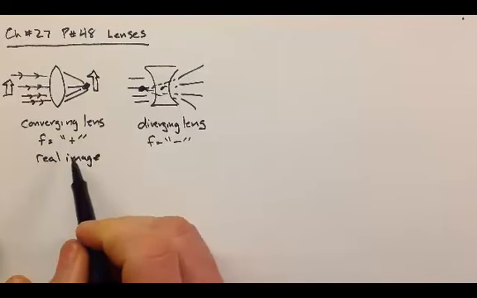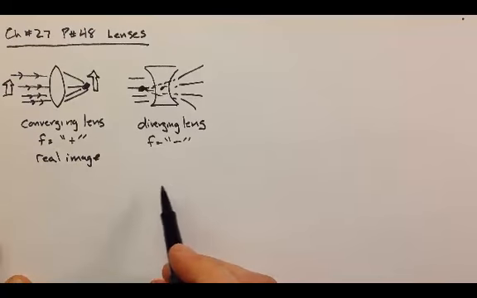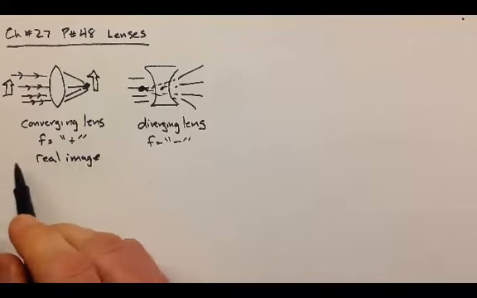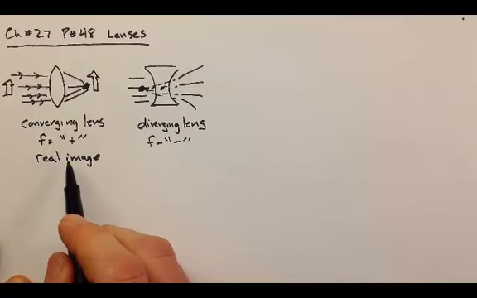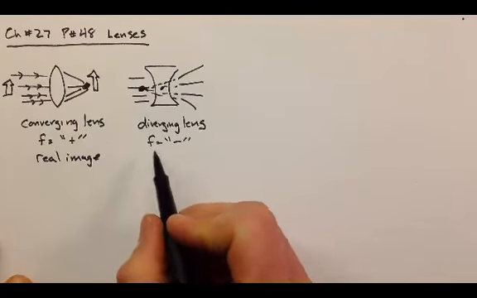And for lenses, real images get formed on the other side of the lens. Now, most of the time, converging lenses make real images, but you have to be careful and use your lens equation and draw your ray diagrams, because depending upon where you are, either lens, if the circumstances are right, can form real or virtual images.